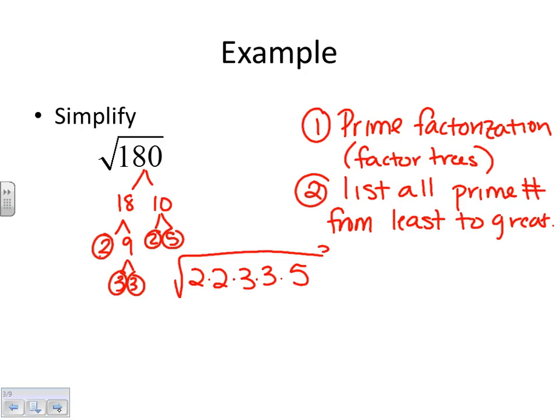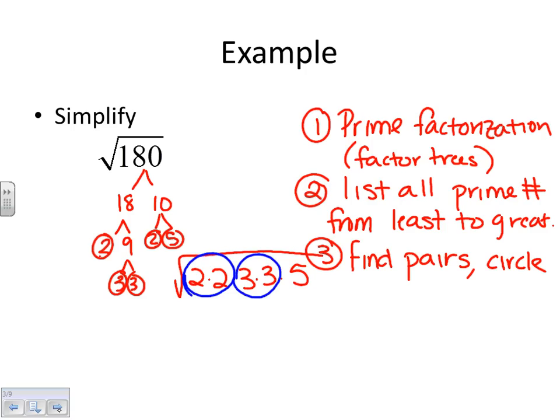Our next step is we are going to find your pairs. Circle. Okay, so I'm going to come in here. I've got pairs which come in 2s. There's a pair of 2s here and a pair of 3s here. And step 4 says to cross them out.